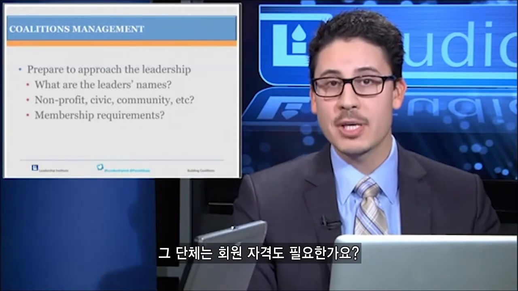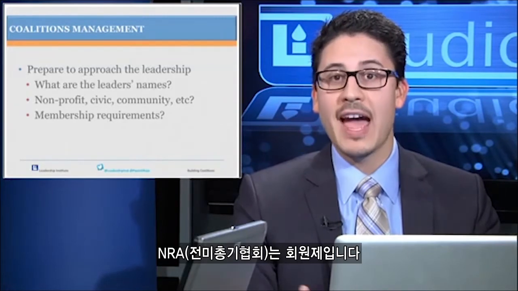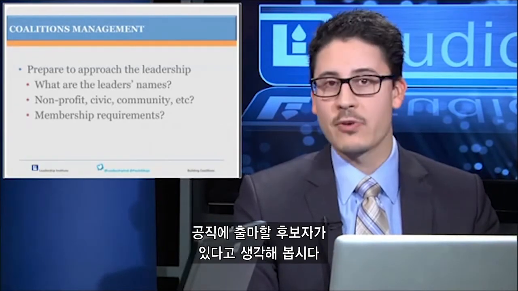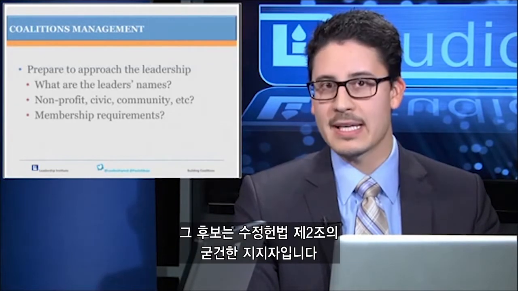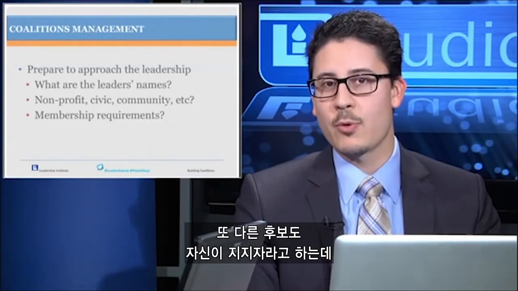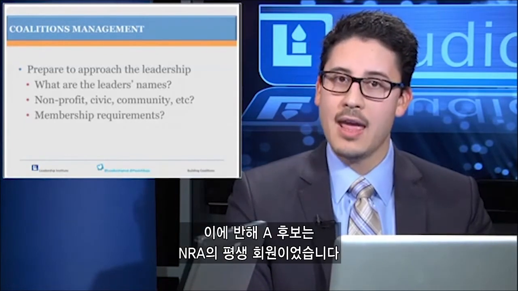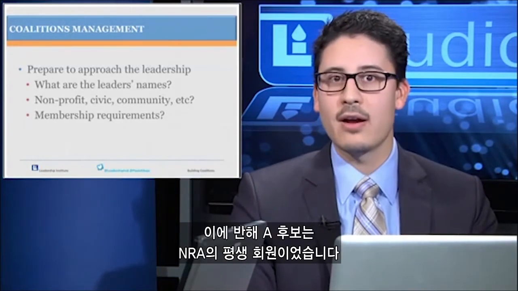Do they have membership requirements? The NRA, for example, has members. So if you've got a candidate who's running for office, who's a strong supporter of the Second Amendment, and you've got another candidate who's also a strong supporter of the Second Amendment, but doesn't have a track record to prove it. Candidate A has been a lifelong NRA member.